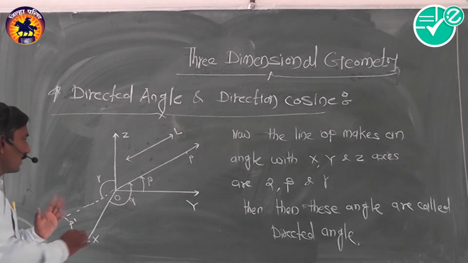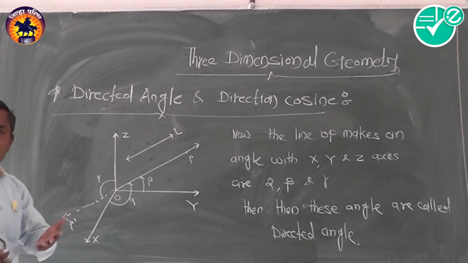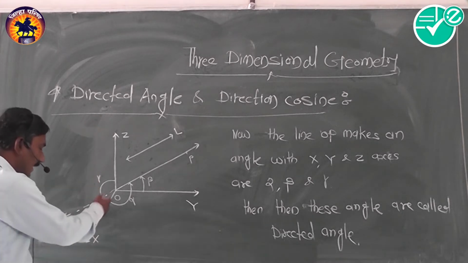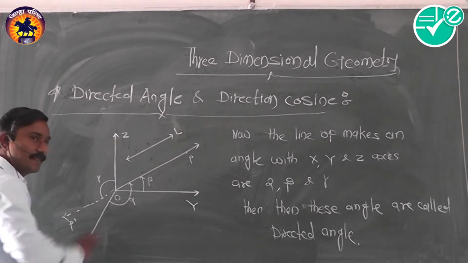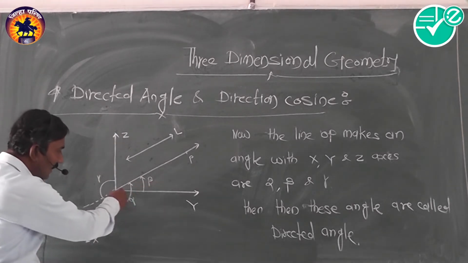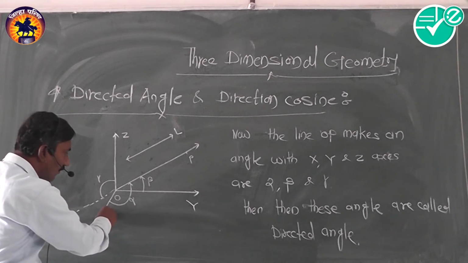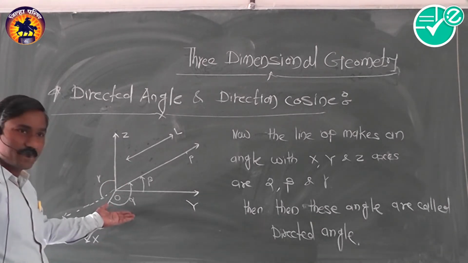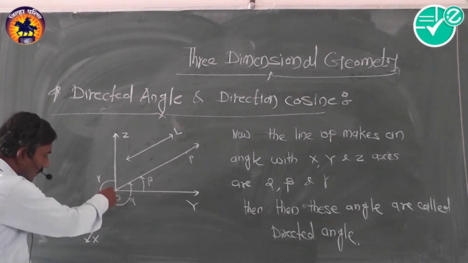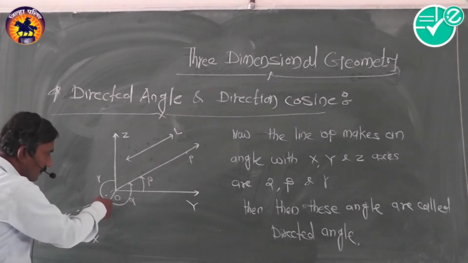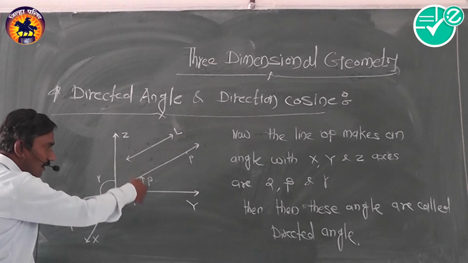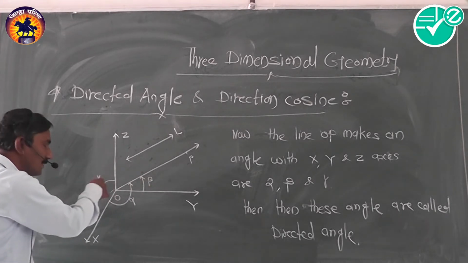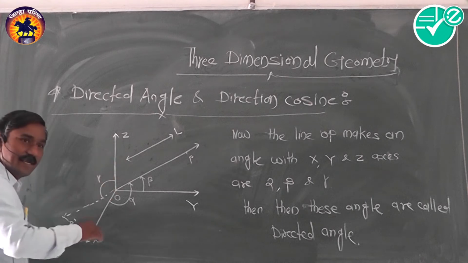Okay. Now here is three-dimensional. First I will also explain that this is the x axis, this is the y axis, this is the z axis. This is the three-dimensional: that is our length, that is our width, that is our height. Here the OP line makes angle alpha with the x axis, angle beta with the y axis, and angle gamma with the z axis.